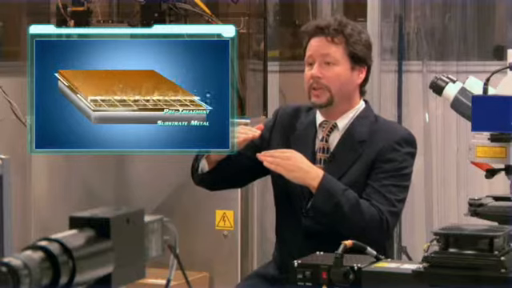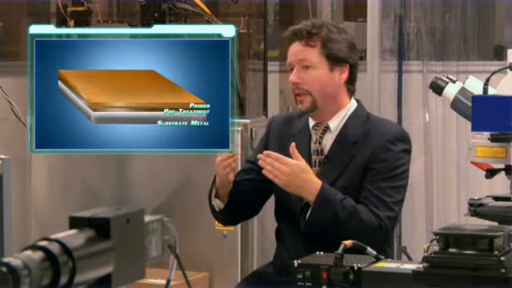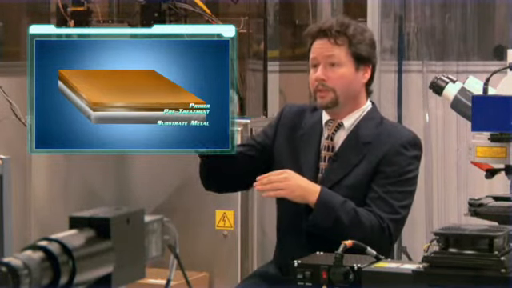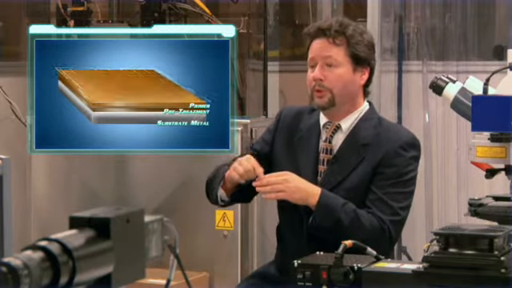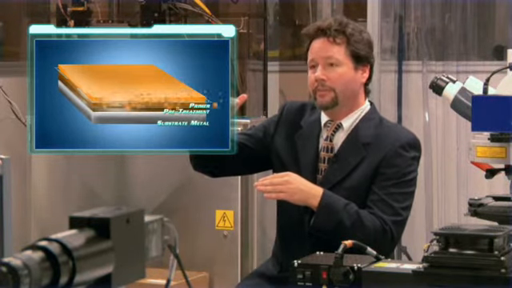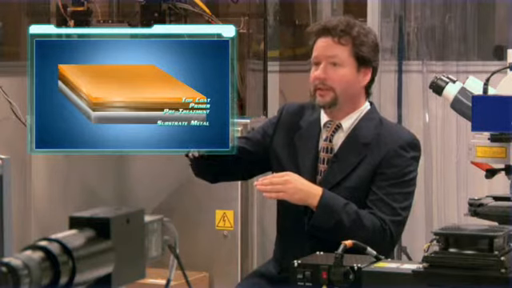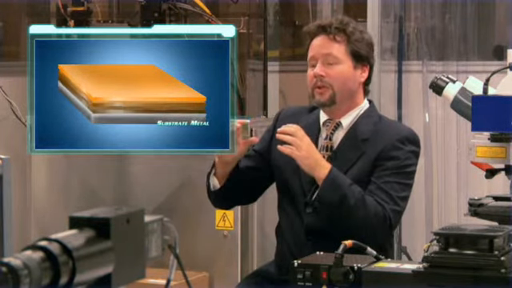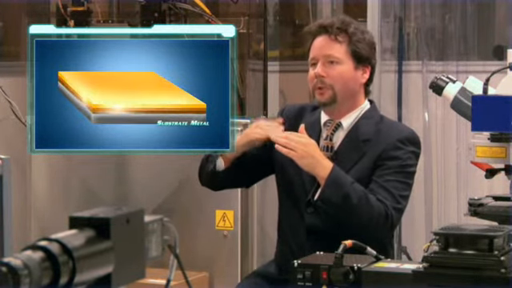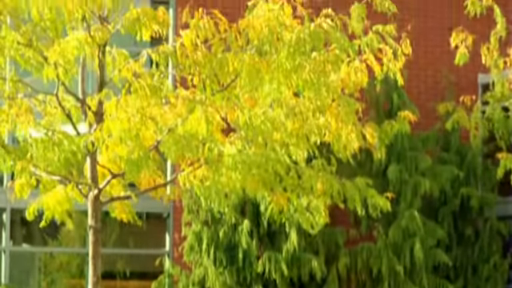A primer goes on top of that after the pre-treatment is dried and cured, and the primer is meant to protect the pre-treatment. A top coat goes on top of that, and the top coat is meant to protect the primer. So, in other words, it's three separate coating steps, all working as a system.